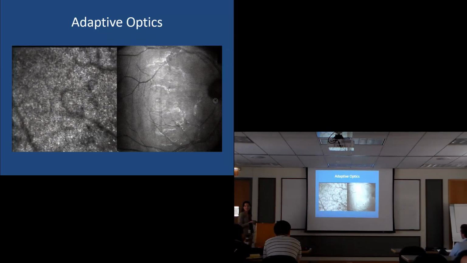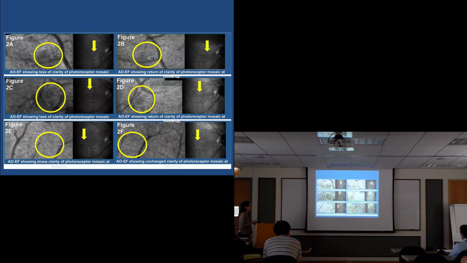Adaptive optics is getting a lot of attention, but it's very cumbersome to have the devices. It's hard on the patients. It's hard to image. It's exciting that we can image all the way back through the neurosensory retina to where the tops of the cones are in the eye. And this is a cone mosaic. So we still can't resolve the other photoreceptors.